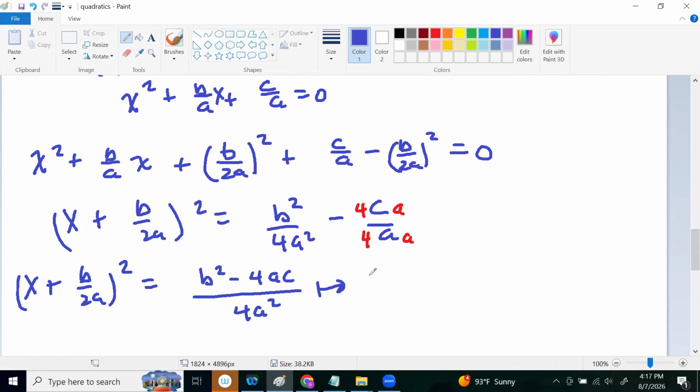Now you square root both sides. So that's going to be plus or minus the square root of b squared minus 4ac. And there's your discriminant. Square root of that is going to be 2a.